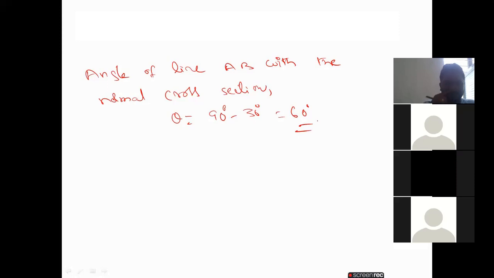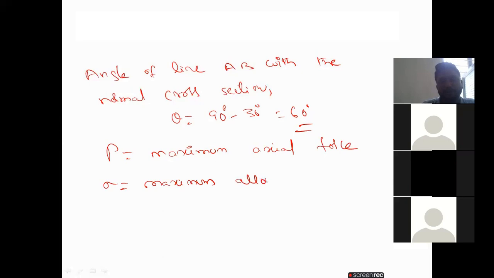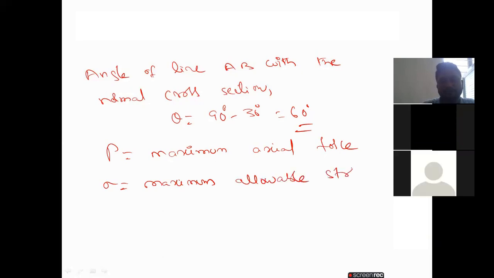Now, P is the maximum axial force and sigma is the maximum allowable stress in the direction of P. We already know the formula for the shear stress, discussed earlier: sigma T equals sigma by 2 into sine 2 theta.